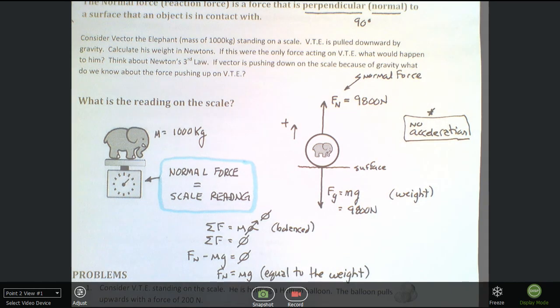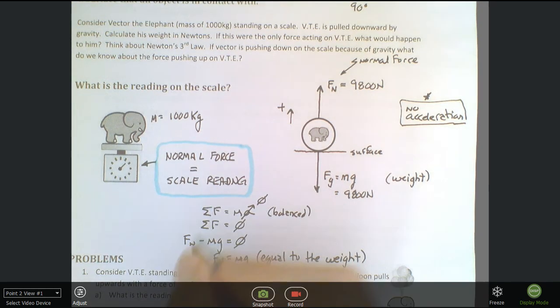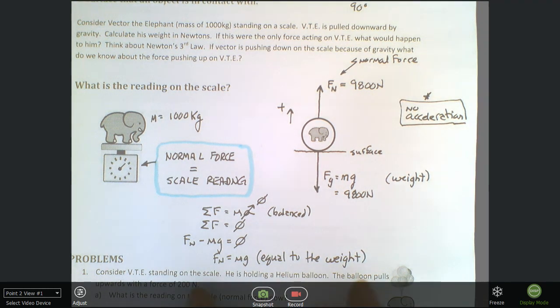There you go. Now, the big caveat, the big warning here, is that this is not always true. This is fake news if you think that, oh, Fn is always equal to mg. It is not, very rarely. Like in only static situations where objects are at rest on surfaces is that ever true. And if it's on an angle, it's not even true.